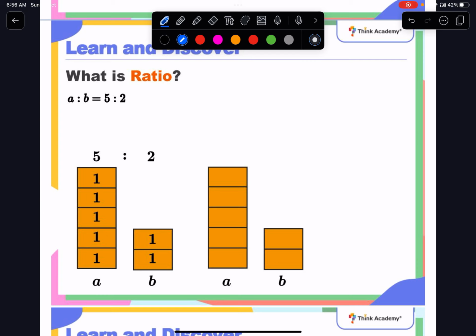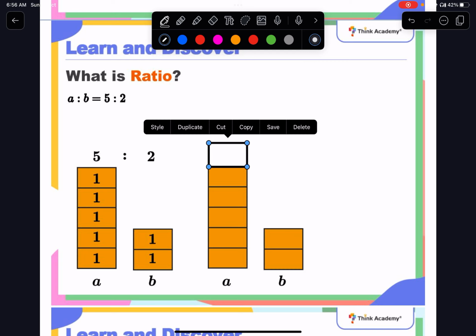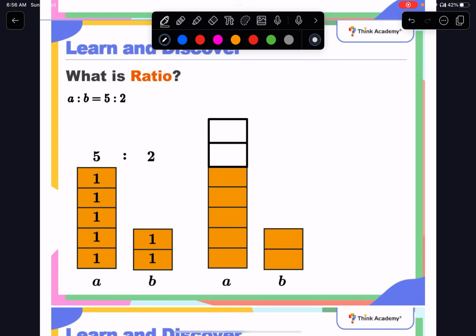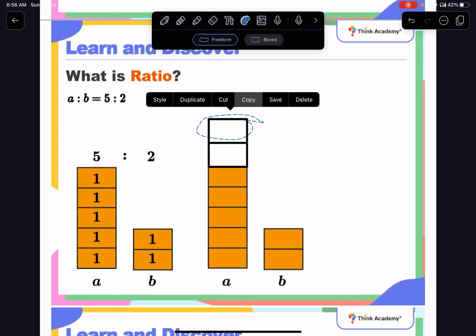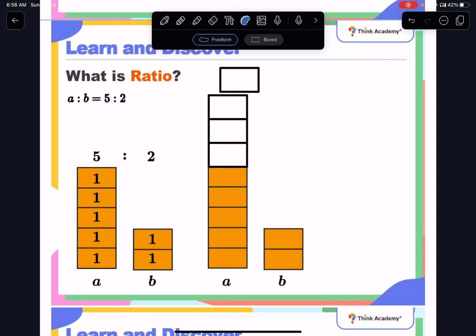It is relative. So for example, if A is 5, then B is 2, right? But if I doubled A, if I make A into, for example, 10, I can add one more grid, two more grids, three grids, four grids, and 10 grids.